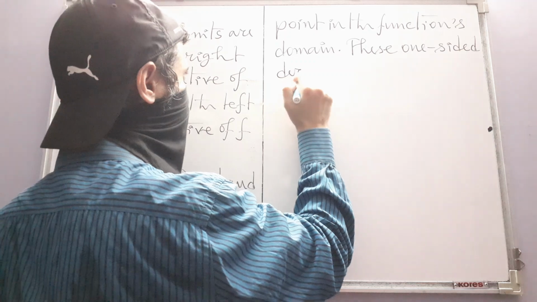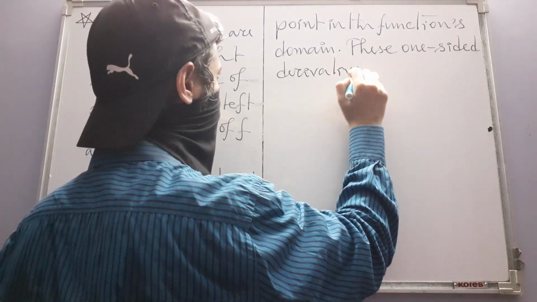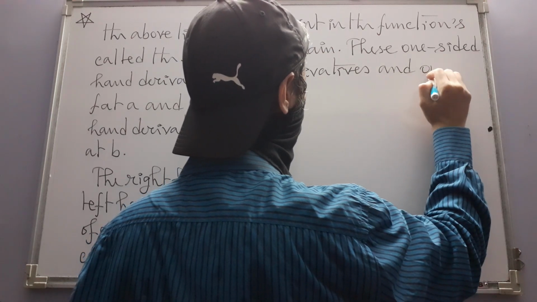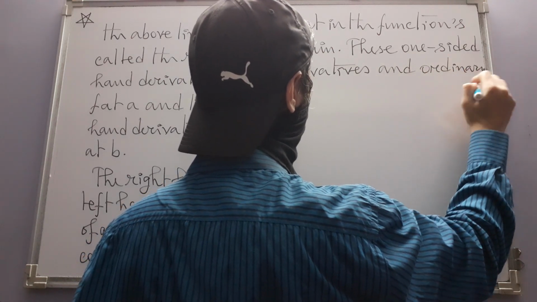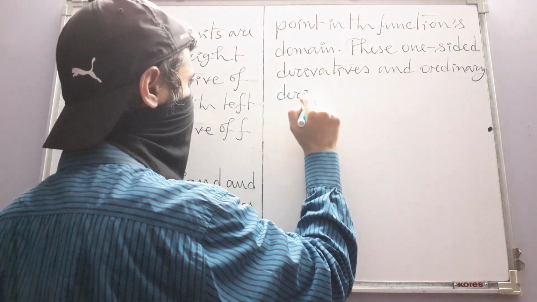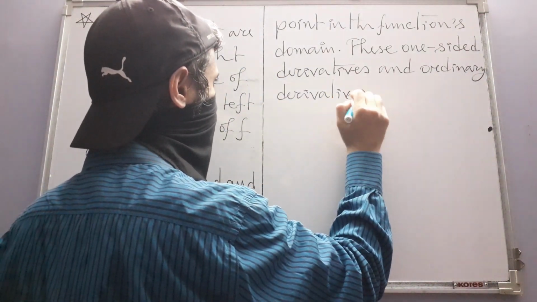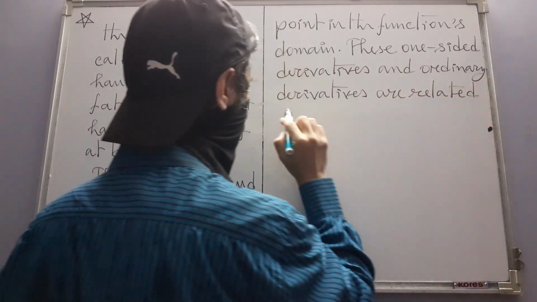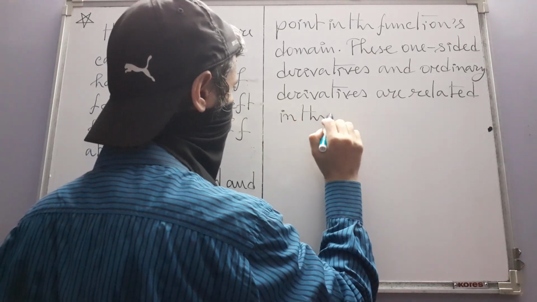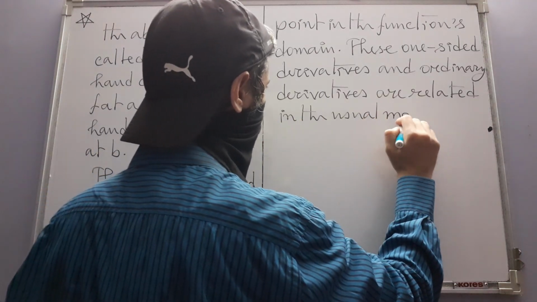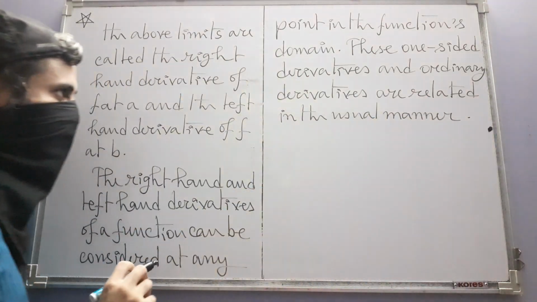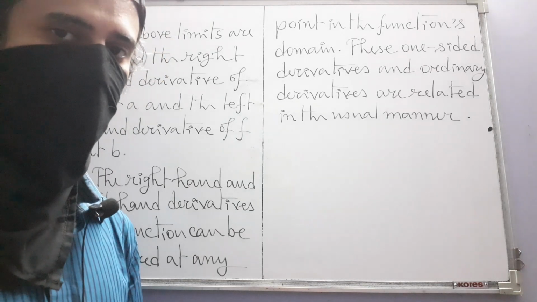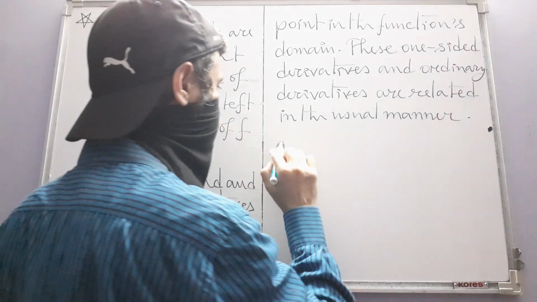These one-sided derivatives and ordinary, which means two-sided, derivatives are related in the usual manner. So what is that relation? That relation is theorem 5 from section 1.4, which we have already seen.